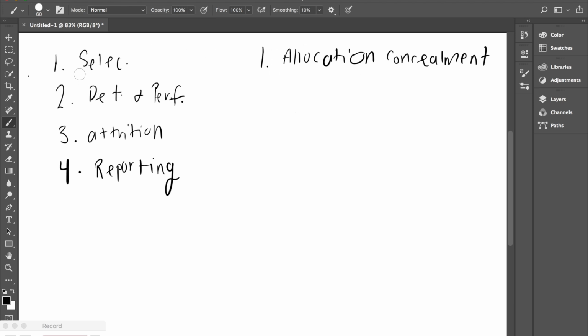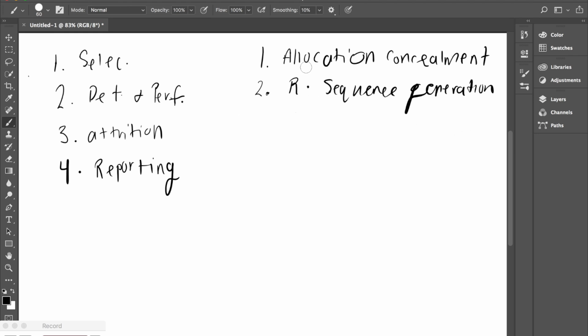The second way that I said we want to reduce selection bias is to make sure that we've had random sequence generation. Random sequence generation is essentially like block randomization, right?